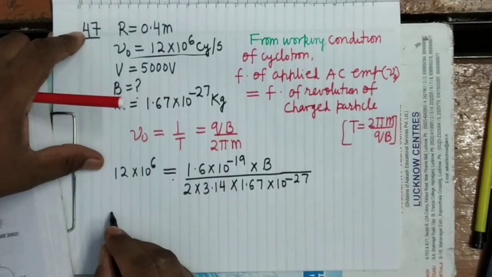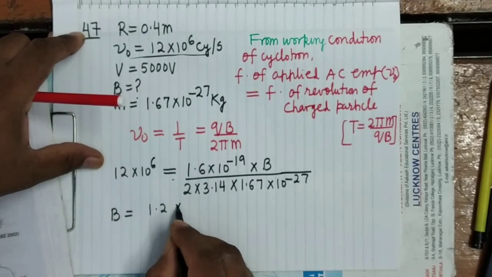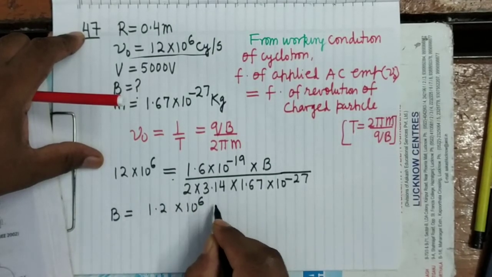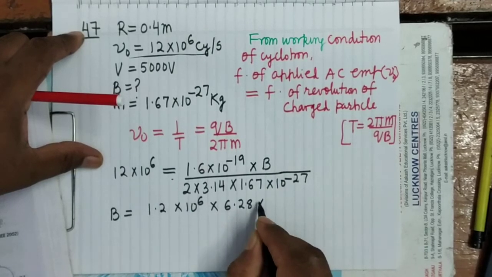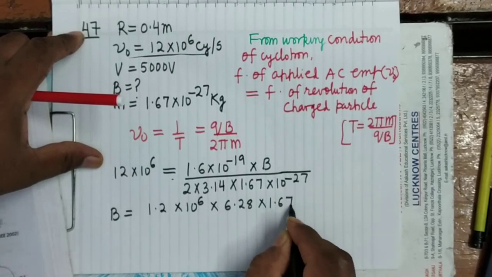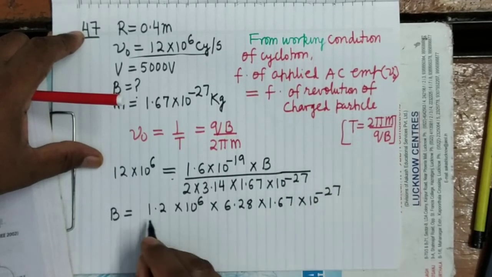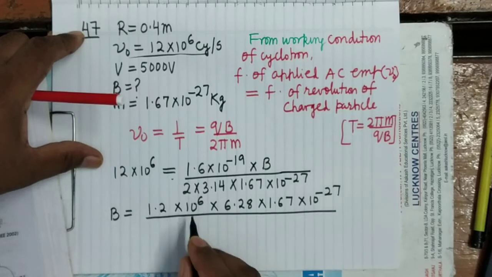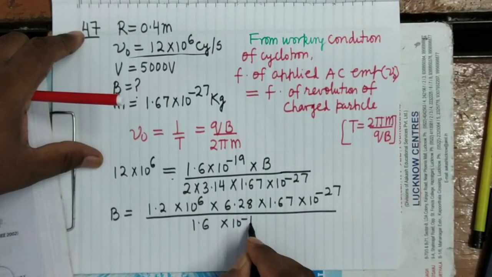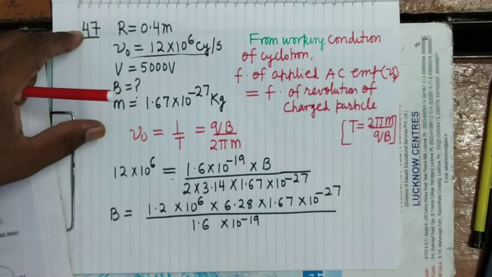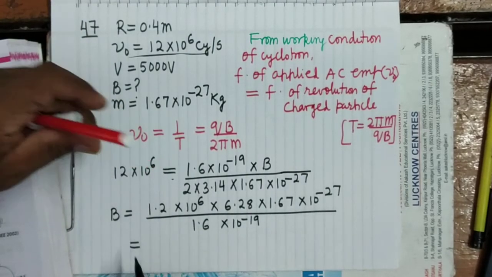So you simplify this. So B equals 12 into 10 to the power 6 into 6.28 into 1.67 into 10 to the power minus 27 divided by 1.6 into 10 to the power minus 19.